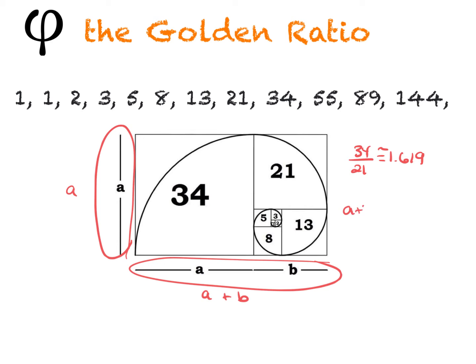So A plus B divided by A. To get our golden ratio, this should be equal to the previous ratio, of this side here, where A is the longer side and B is the shorter side in that smaller rectangle. So A is the longer side divided by B. Now it takes some algebra to solve this proportion, so let's clean this up a little bit and make our numbers a little bit easier to deal with.